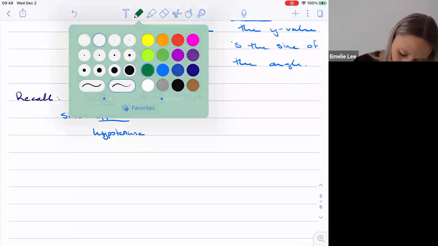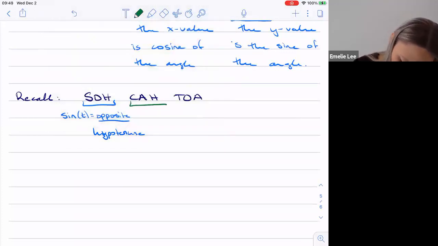And the cosine, cos of some angle t, is the adjacent over the hypotenuse.